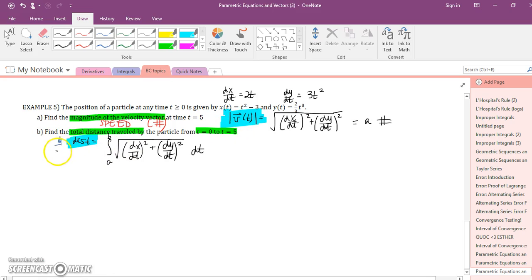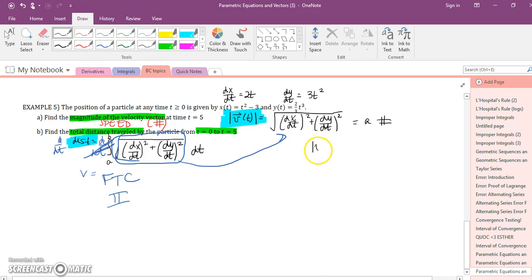If I do the derivative on this side and the derivative on this side, well, the derivative of distance is something having to do with velocity. The derivative of an integral is FTC part 2. The derivative and integral cancel, leaving me with this right here, which is the exact formula that I'm going to use to find speed. So let's go ahead and do speed first.